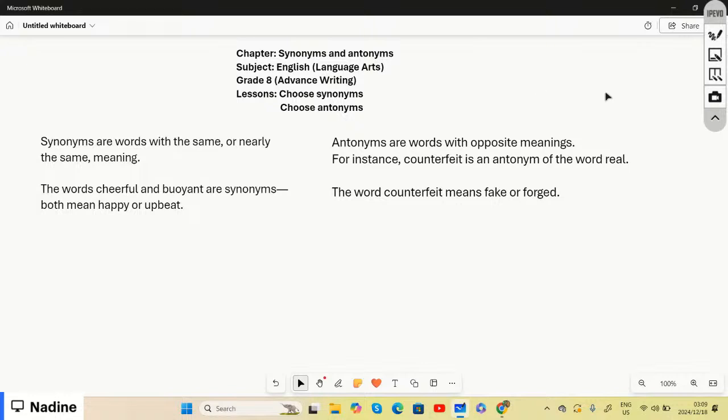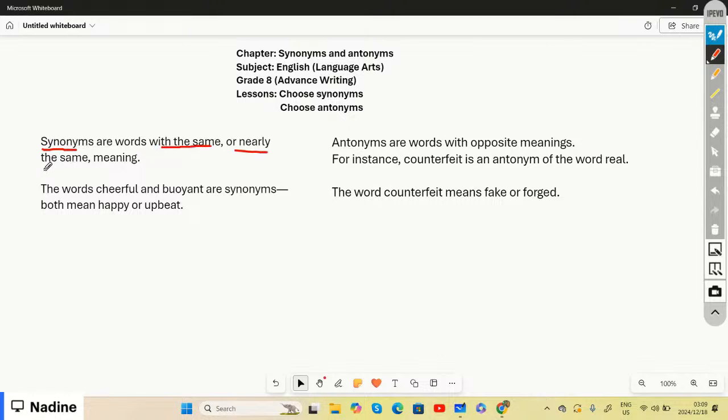So synonyms are words with the same or nearly the same meaning.